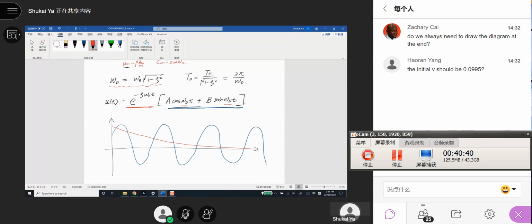So if you multiply these two functions together, we must have one final plot like this.